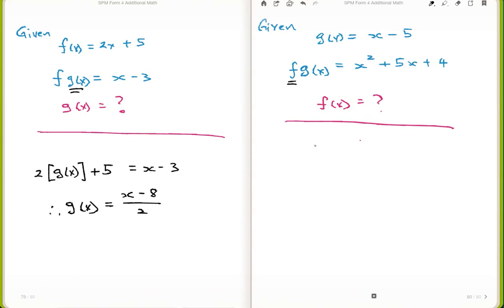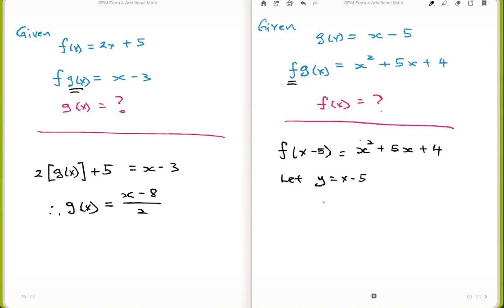As for the solution, f(g(x)) where g(x) is x minus 5, and the answer given is x squared plus 5x plus 4. Now this one you need to invert them, so you get the front. So what you do now is let y is equal to x minus 5.